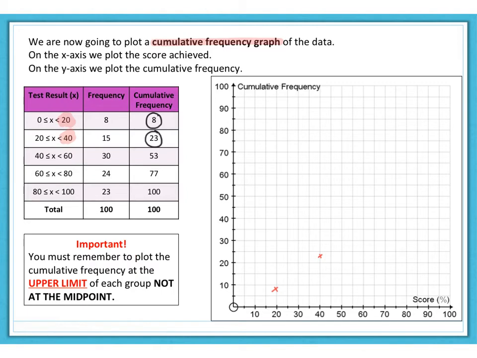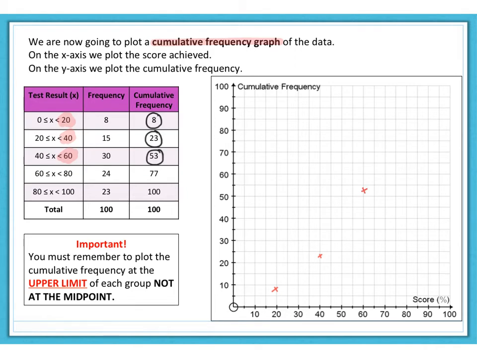The next cumulative frequency is 53, and I'm going to plot that against a test result of 60 because these 53 people scored below 60%. So there's 60, there's 53, it's going to be approximately here. So 60% and 53, there we go.